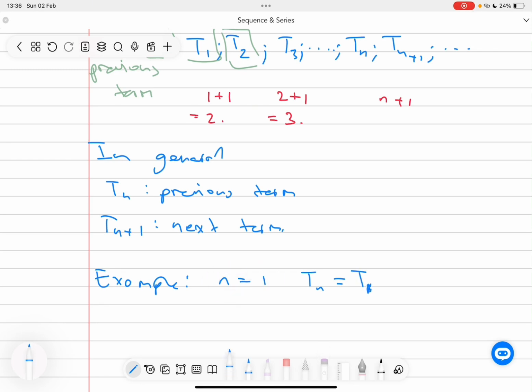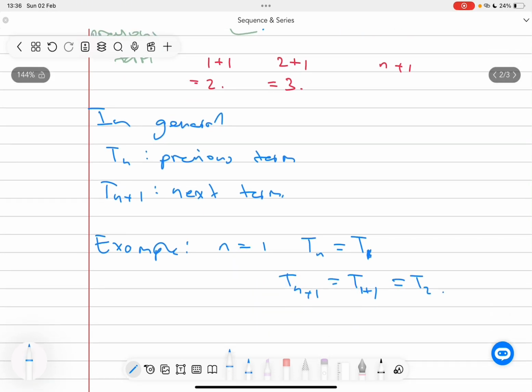But you have to understand that if you take Tn plus 1, we are now going to have 1 plus 1, because n here is equal to 1. And this will give me T2.